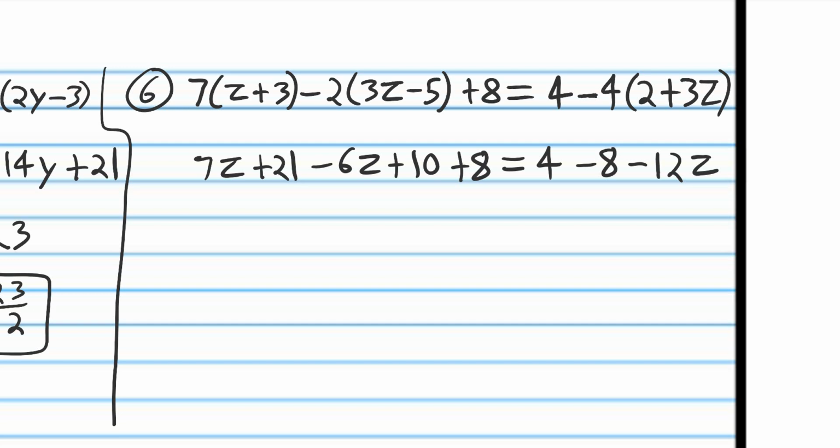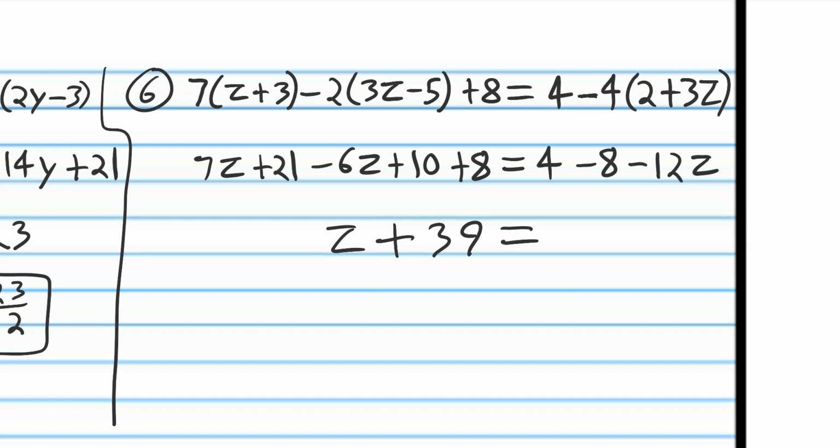So double check, make sure we did everything correctly. Looks right. Now we have to combine like terms. So 7z minus 6z is z. And 21 plus 10 is 31, and 31 plus 8 is 39.